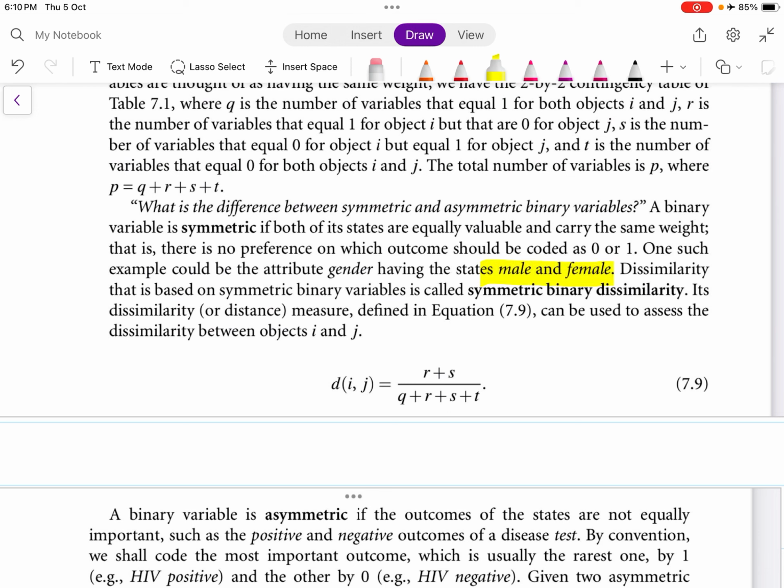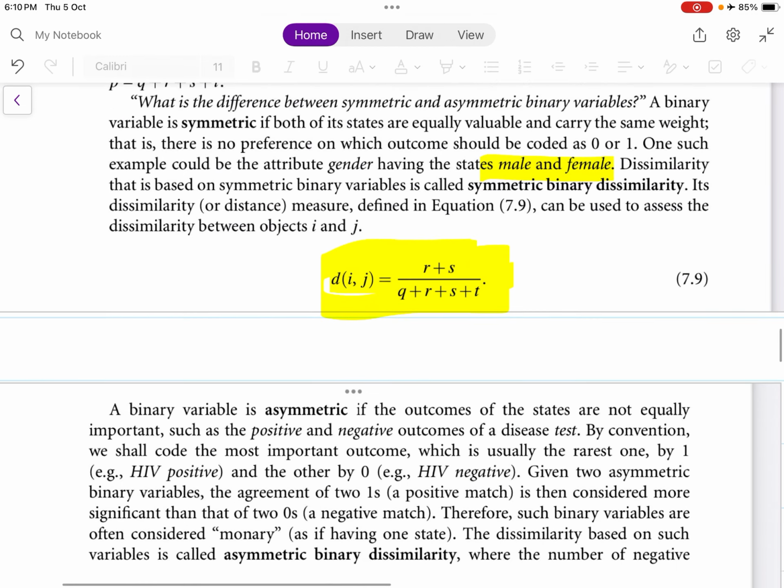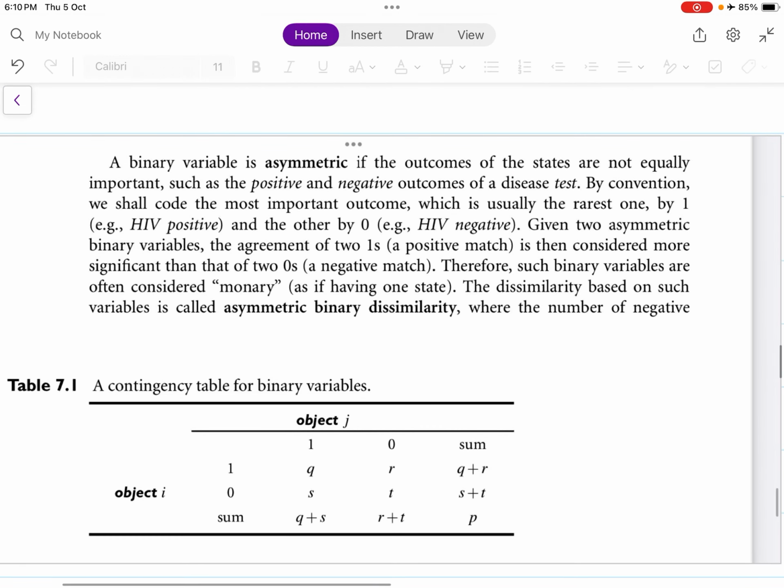Dissimilarity based on symmetric binary variables is called the symmetric binary dissimilarity. It is the dissimilarity measure defined as follows.